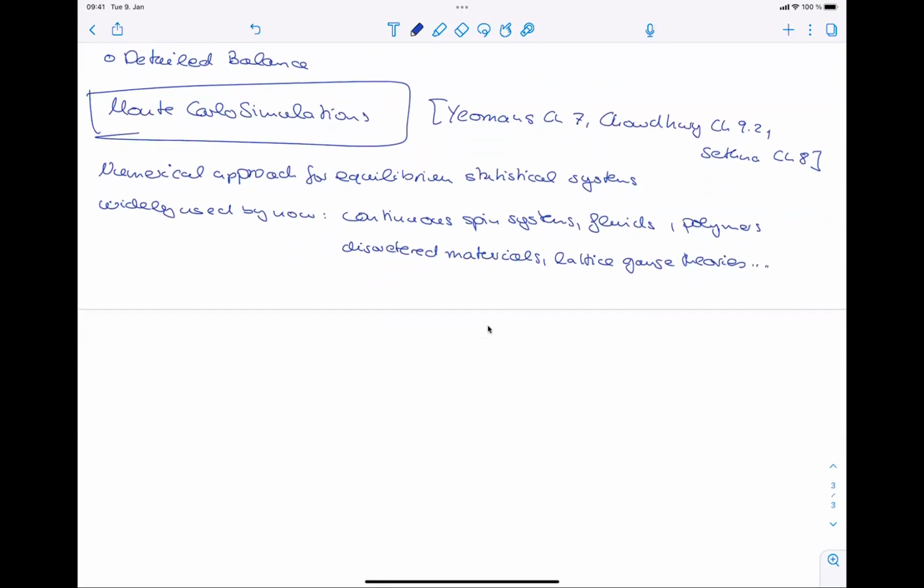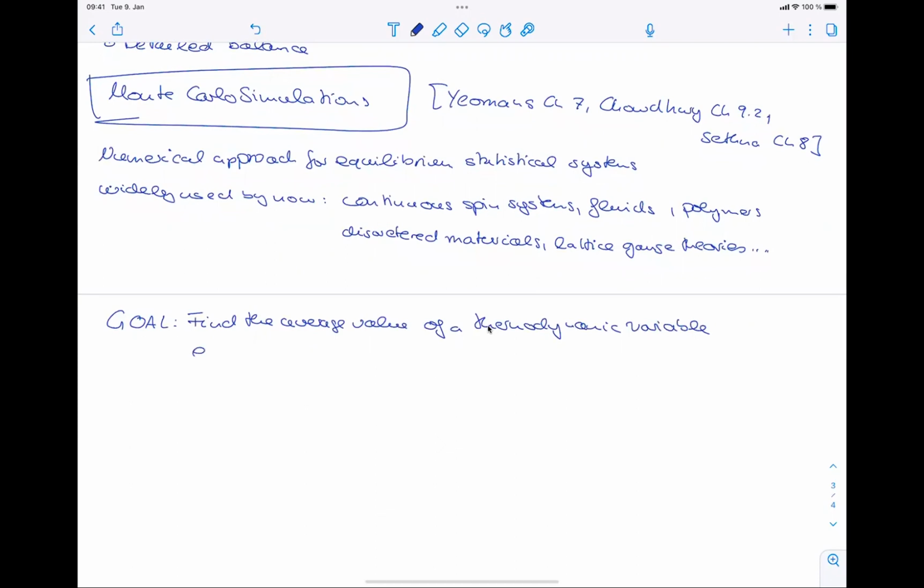Okay. And the goal that we have here is to find the average value of a thermodynamic variable. Just to stay in the context of this class, let's think about magnetization.